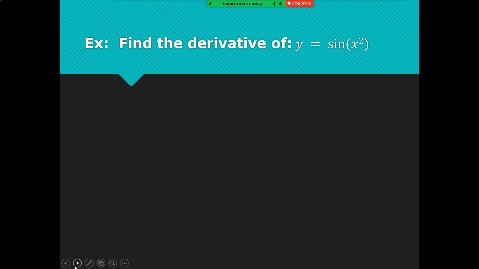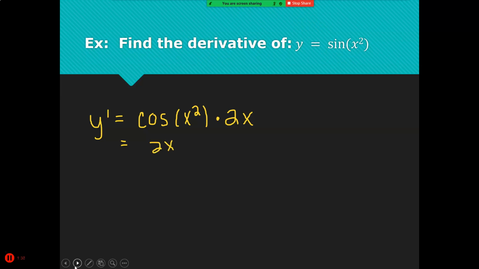So if you follow the chain rule, it's the derivative of the outside, derivative of sine is cosine, times the derivative of the inside, the derivative of x squared. So the derivative of sine x squared is 2x cosine x squared.